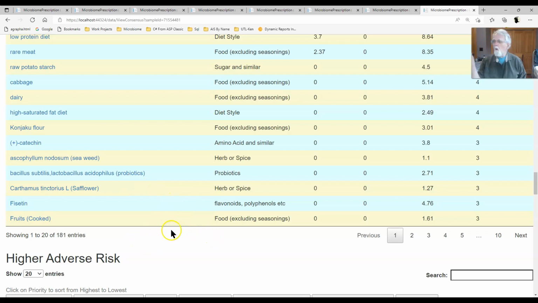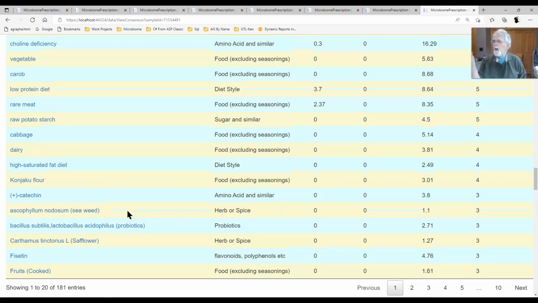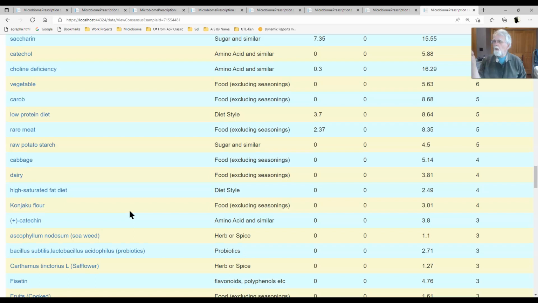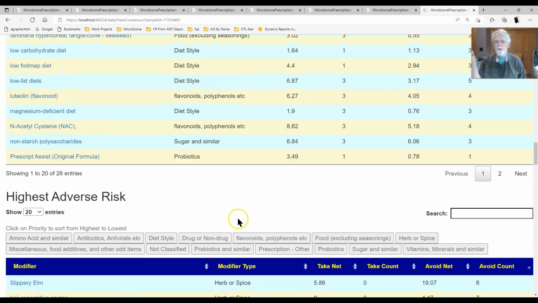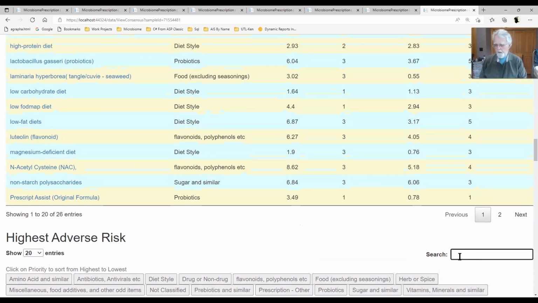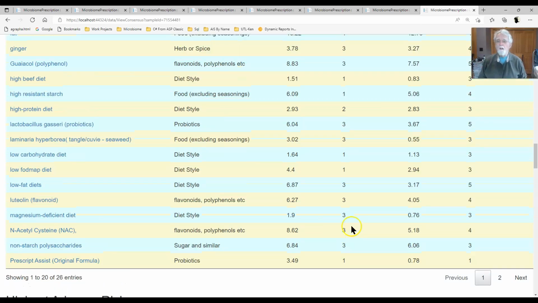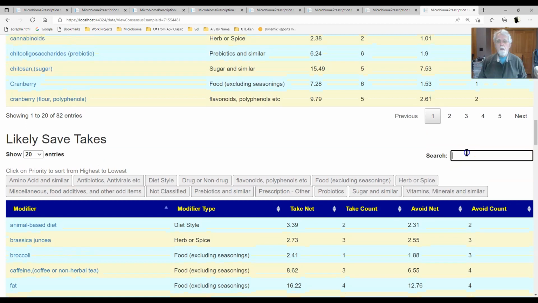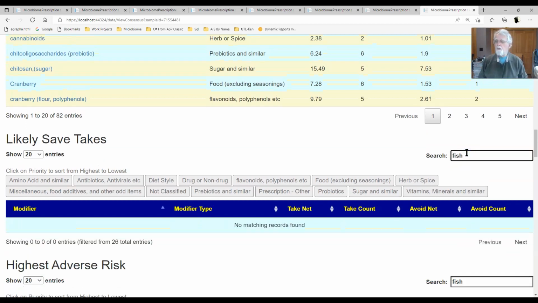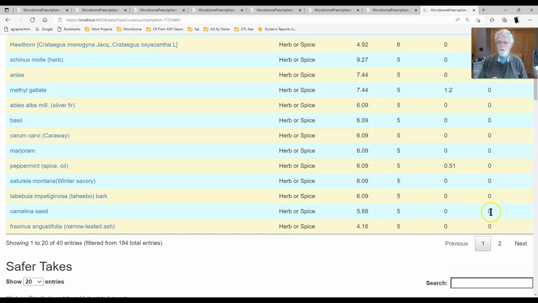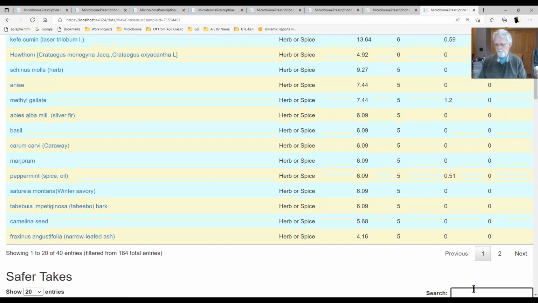So we've got a whole bunch of items here, and so we can take a look. We could try things like saying, okay, fish. Is fish on this list? Nope, it's not. Remember, he was indicating fish. Nope. I think fish is on one of the lists.